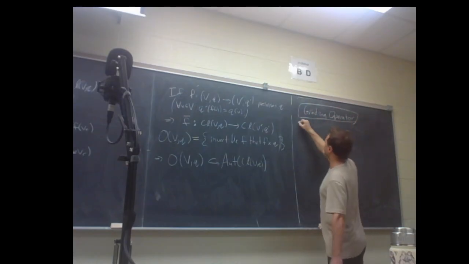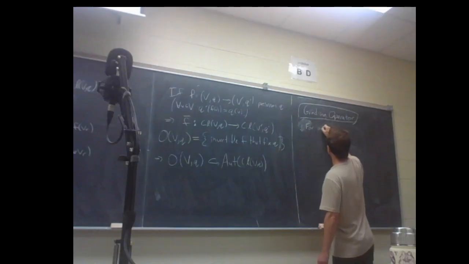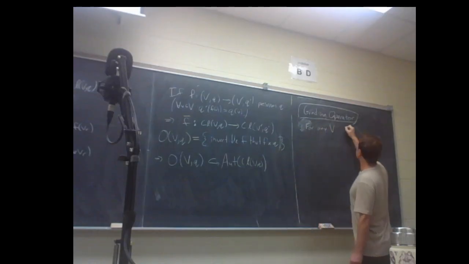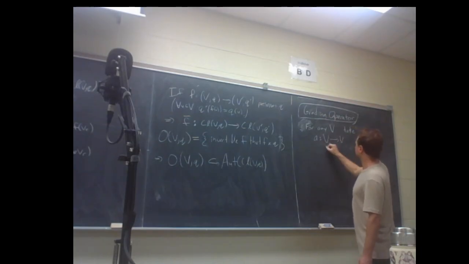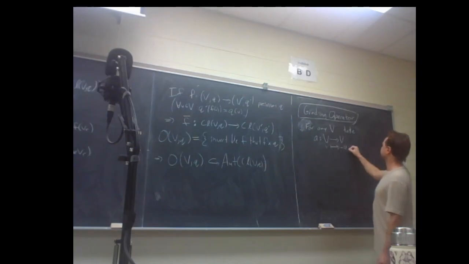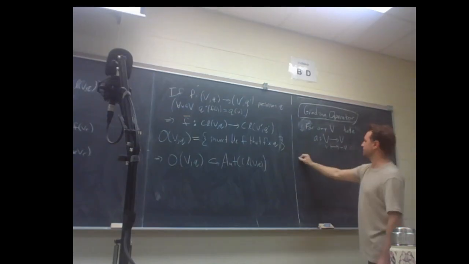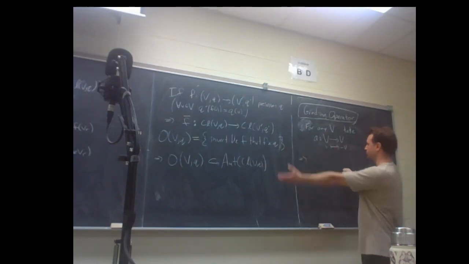For any V, we can always take the antipodal map, sending a vector V to its negative. This is going to preserve the quadratic form.